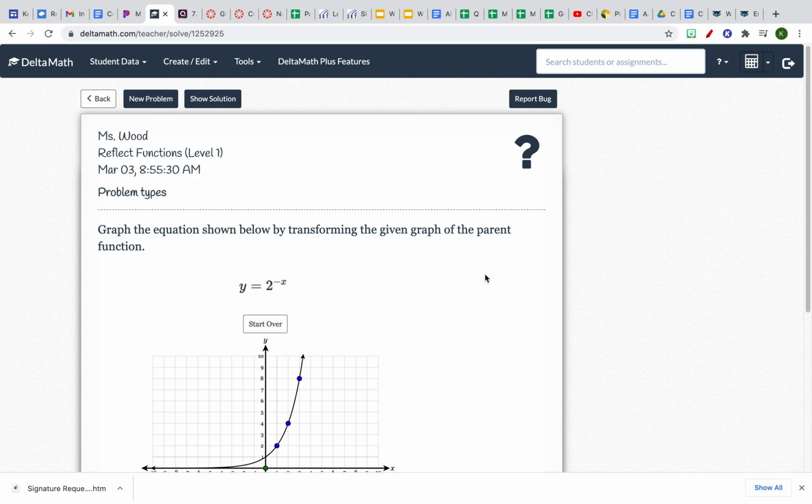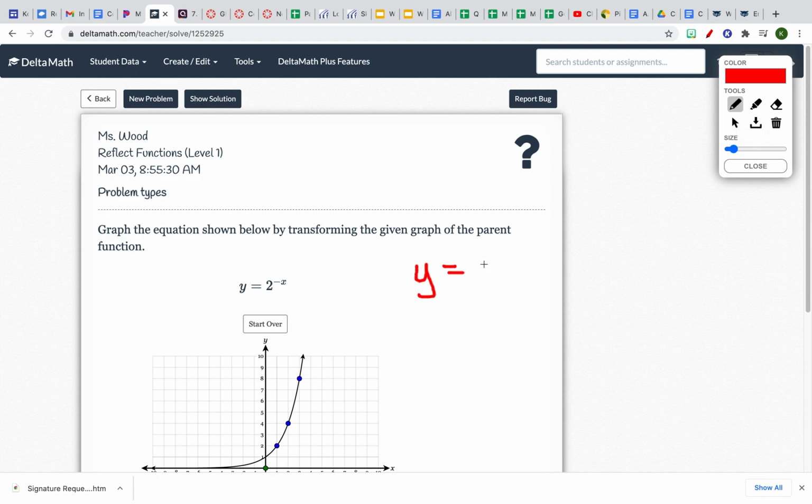Okay, so remember that when we did that the first time, if the negative was in front, it flipped it across the x-axis. Here, the negative is with the x.